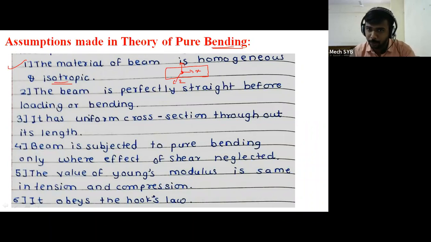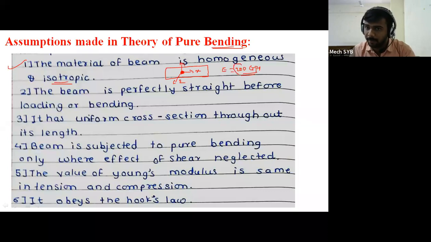If this particular point has the same material property in all directions, then this material will be an isotropic material. Take a material property, for example, Young's modulus, E is equal to 200 gigapascal.